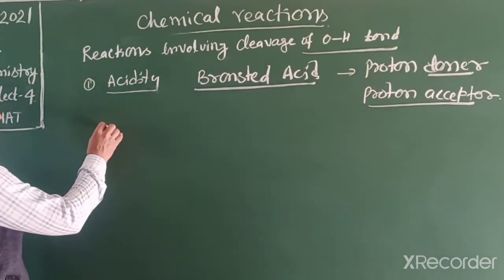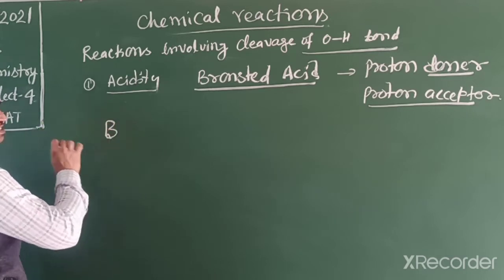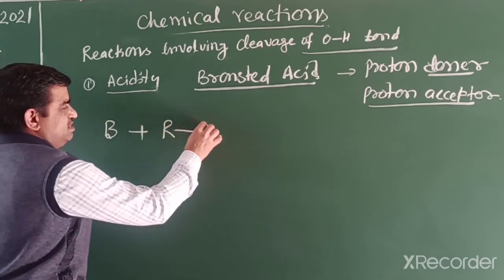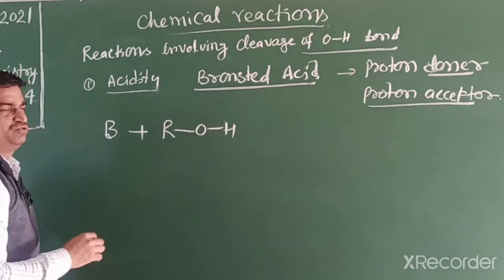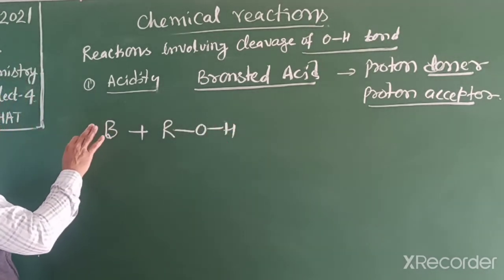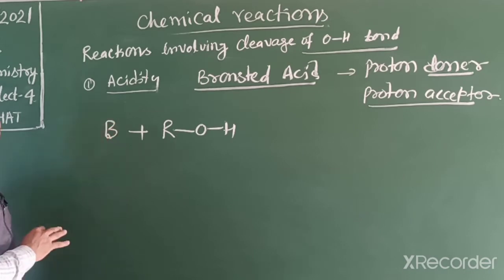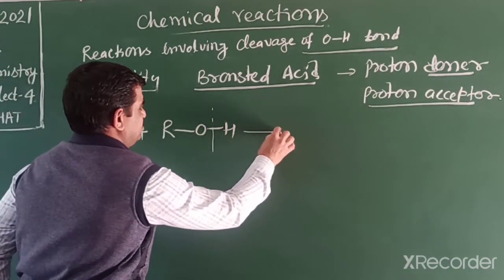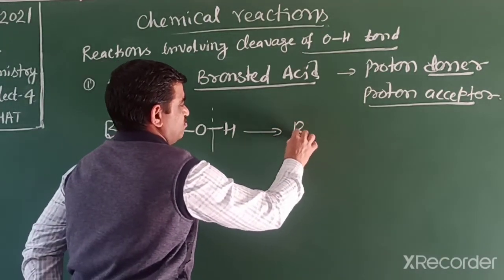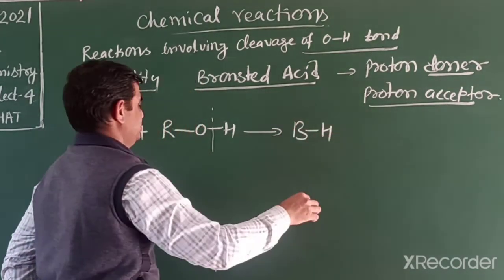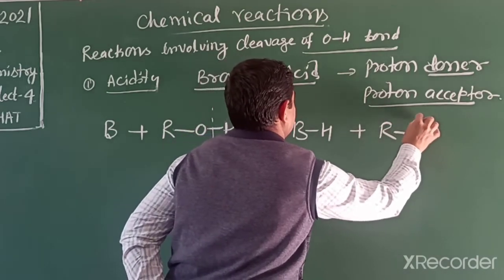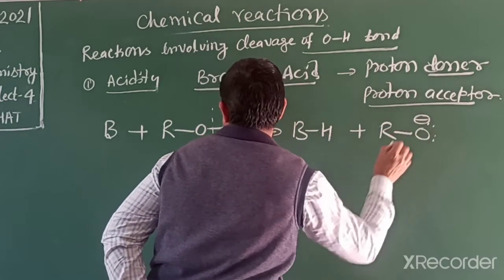So if we explain any base and any acid, what happens? A base, we know, has either a lone pair of electrons or is negatively charged. So this bond dissociates. So the base and hydrogen bond formation, and we get RO minus as a negative charge.